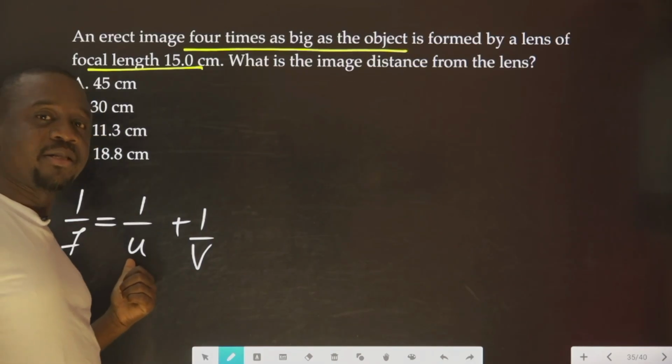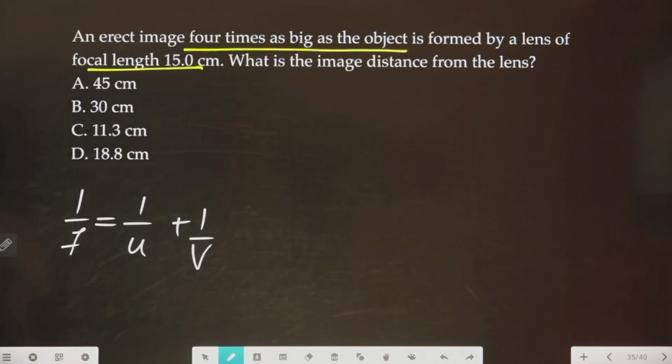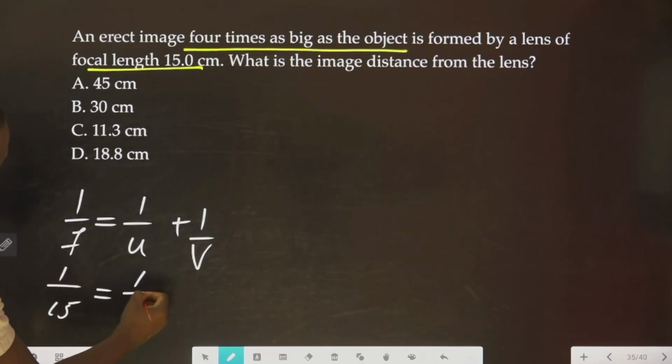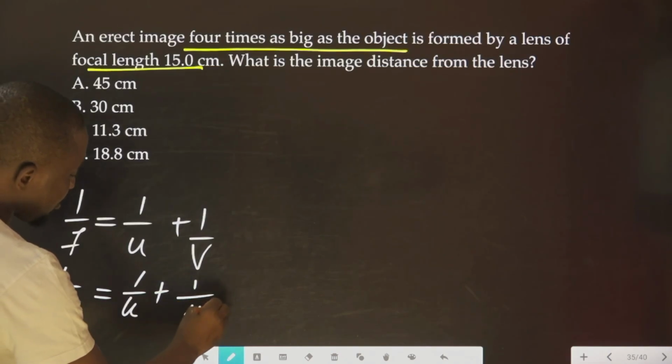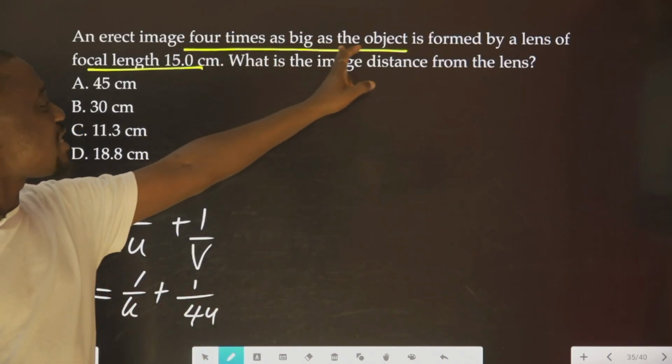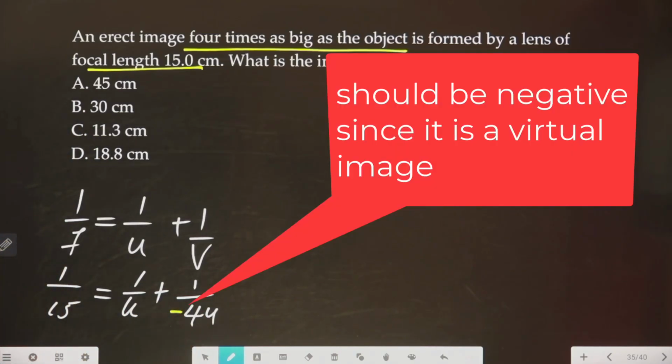Okay? U is the size of the object, v is the size of the image. As you can see here, we have 15 for the focal length. We don't know the original size. We are told that the image is 4 times as big as the object. But what you must put at the back of your mind is this is minus. Okay, minus.